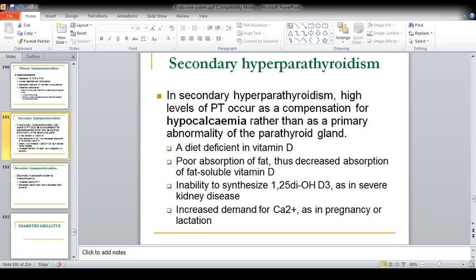Inability to synthesize 1,25 dihydroxycholecalciferol, as in severe kidney disease and chronic kidney disease, would also cause hyperparathyroidism. And increased demand of calcium in the blood, as in the case of pregnancy or during lactation when there is production of milk. Calcium is a part of milk, an essential part. If the patient is not taking much calcium, then secondary hyperparathyroidism may occur.